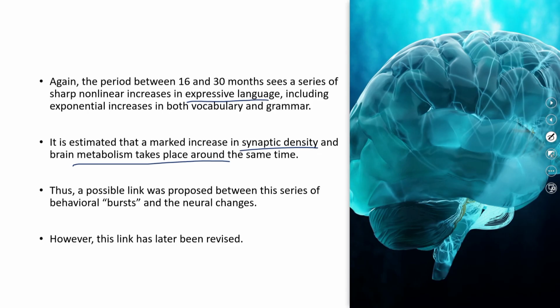Synaptogenesis is a very important aspect of brain development, which seems to happen when the burst of grammatical categories and longer sentences happens. Thus, a possible link was proposed between this series of behavioral bursts and the neural changes. However, this has later been revised, but it still remains a very important hypothesis.